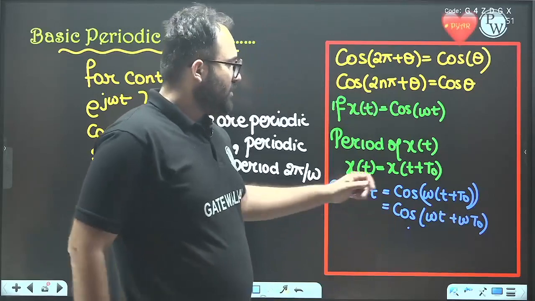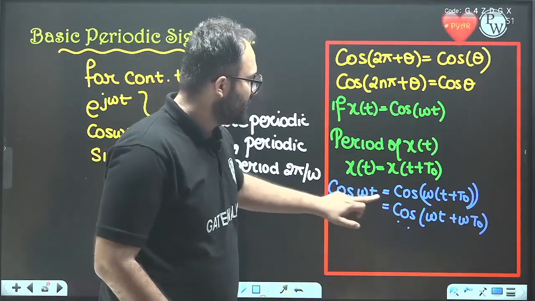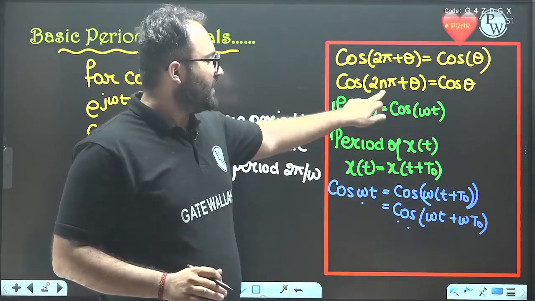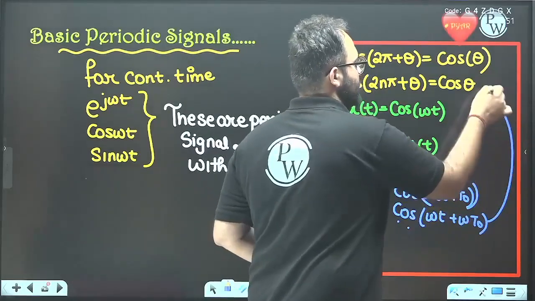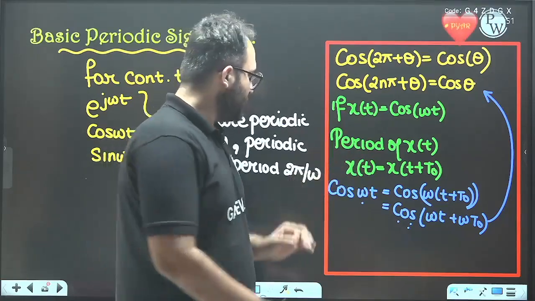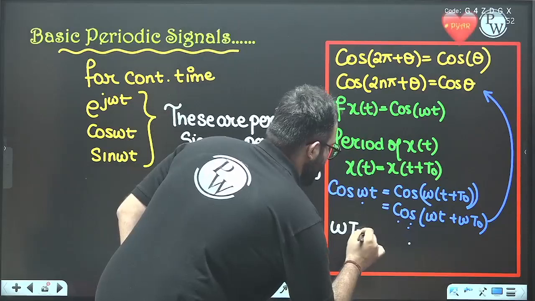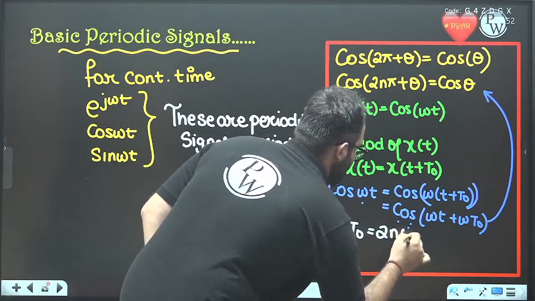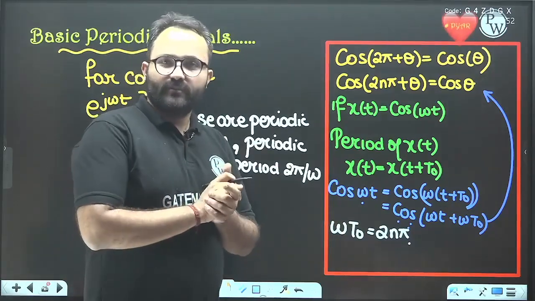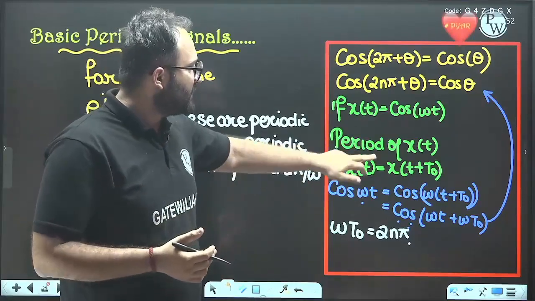Now we can see that these two will be equal to each other only when omega T naught is equal to 2n pi. Now, since T naught has to be the minimum value, because period has to be the smallest shift that satisfies this equation.